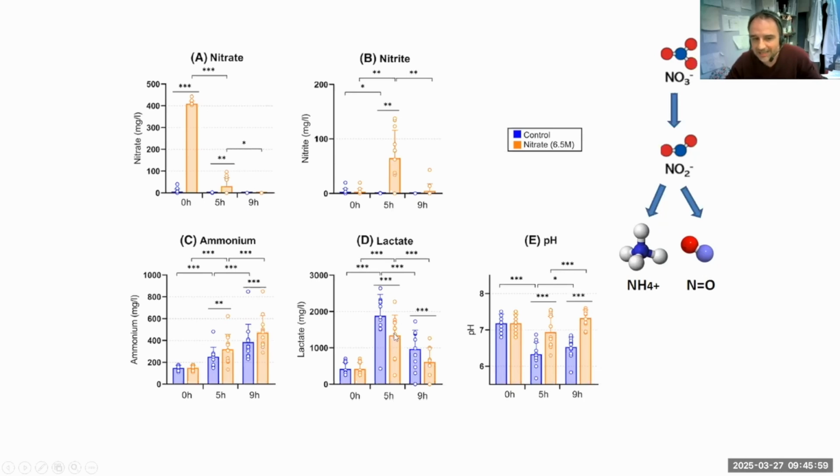This is because lactate is being used by the bacteria, by the enzymes, by doing this reaction. So it produces lower acidogenicity, and it also buffers the pH. And as a consequence of that, the pH in the control goes down, but in the presence of nitrate, the pH does not significantly change.